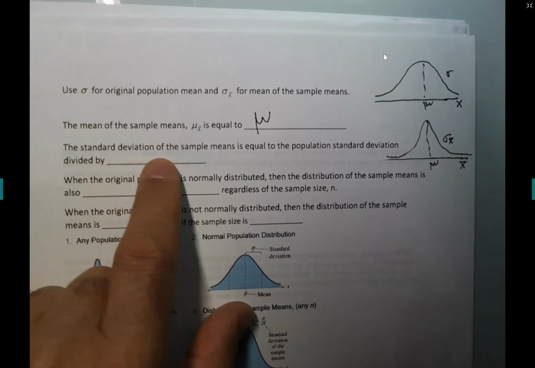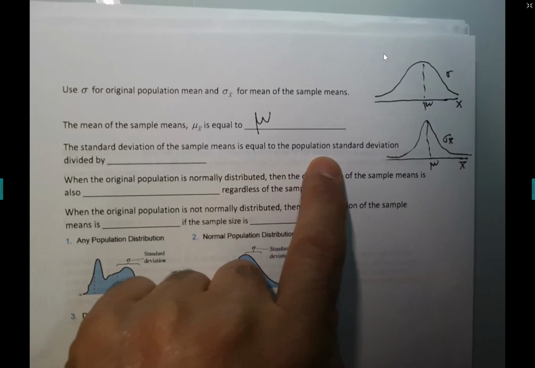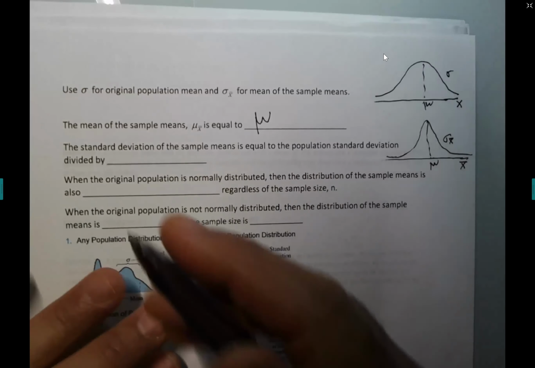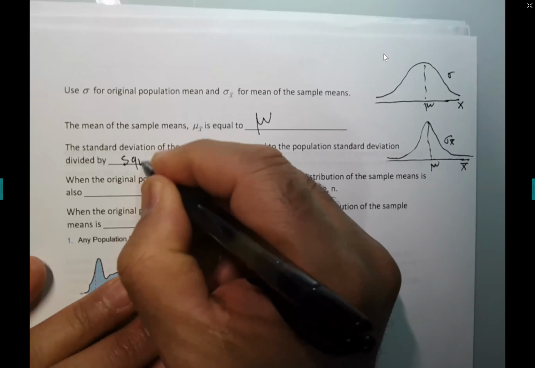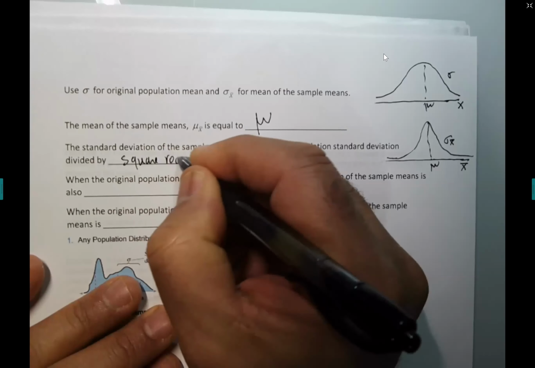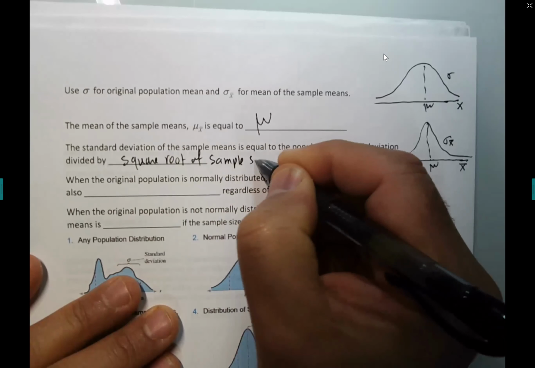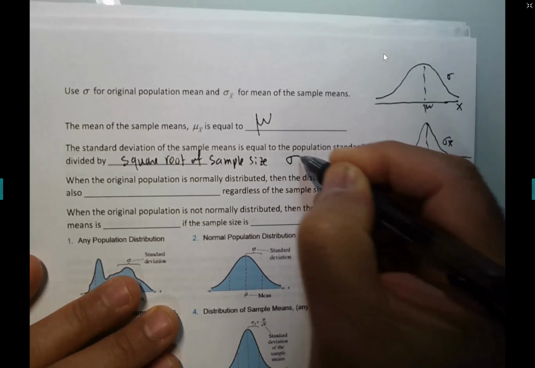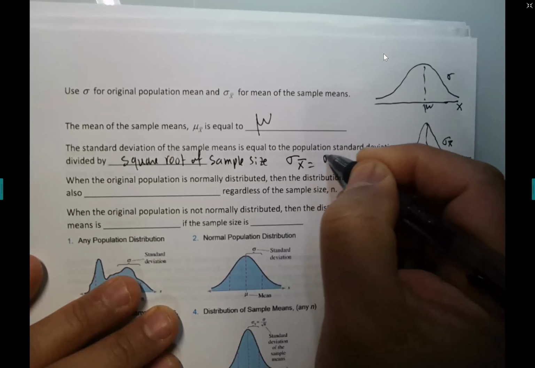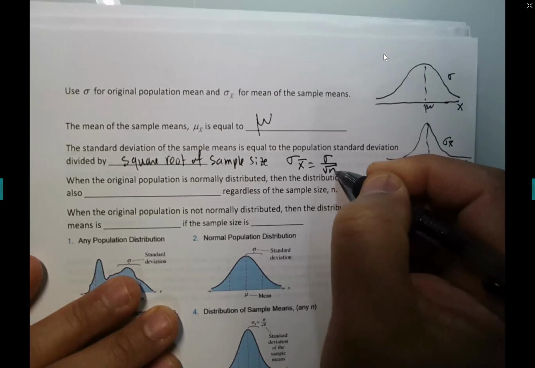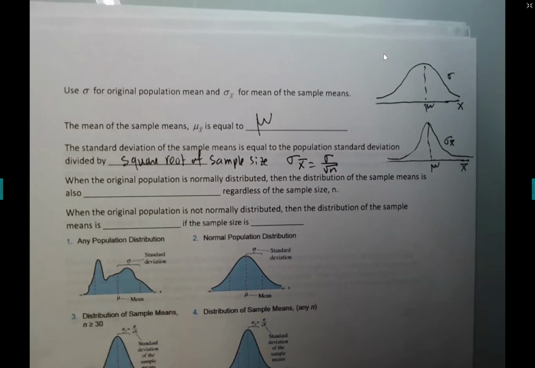The standard deviation of the sample means is equal to the population standard deviation divided by the square root of the sample size, which is sigma of x bar equals sigma divided by square root of n. You will see how we're gonna apply this in a second.